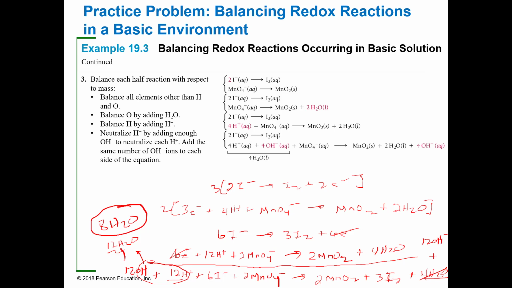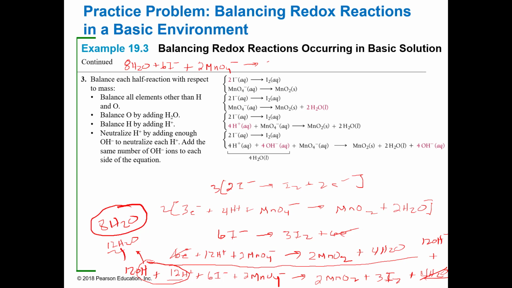All right, so let me go up here and write what we have. Let's clean it up here. We got 8 waters. All right, we have 6 iodide. We have 2 permanganates.